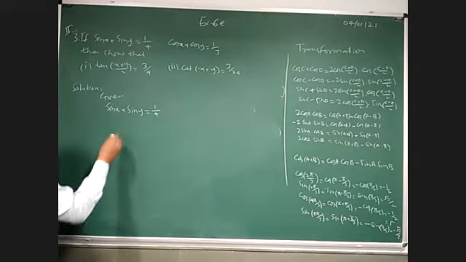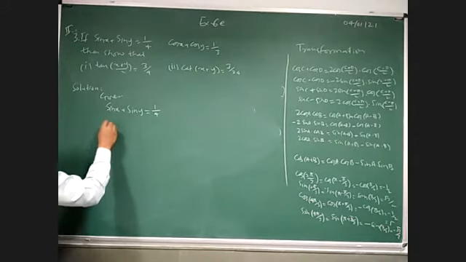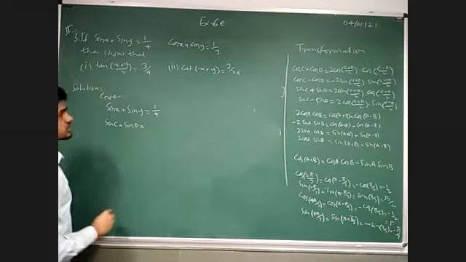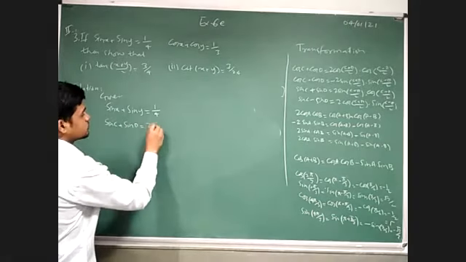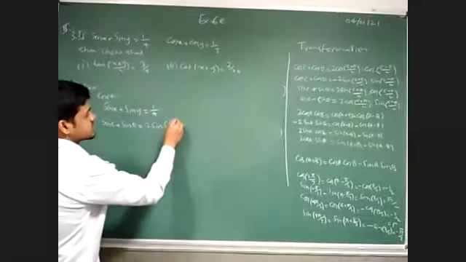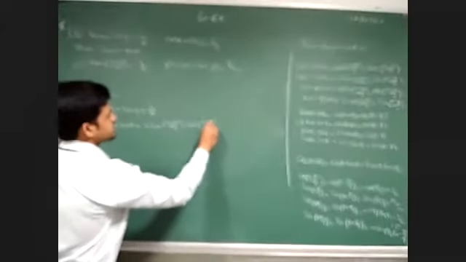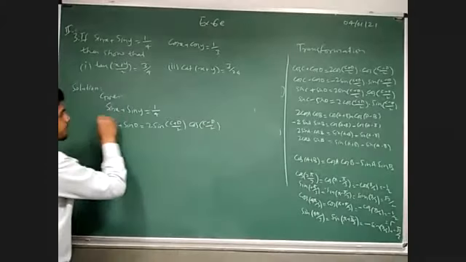The formula is sin C plus sin D equals 2 sin((C plus D) by 2) into cos((C minus D) by 2). This is the formula.